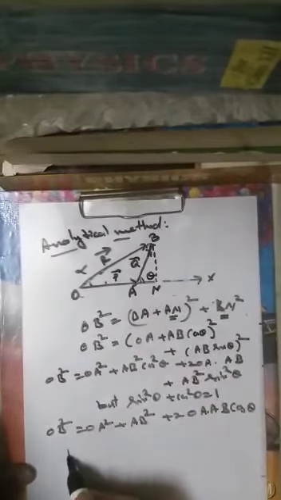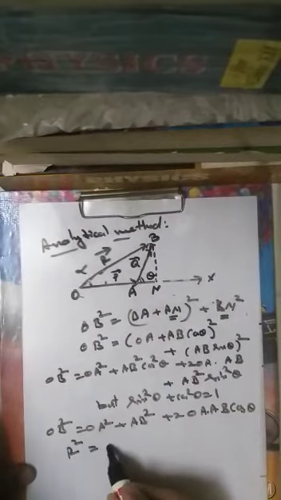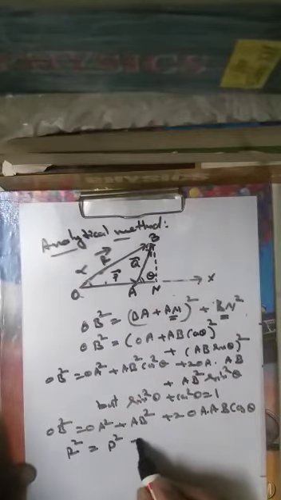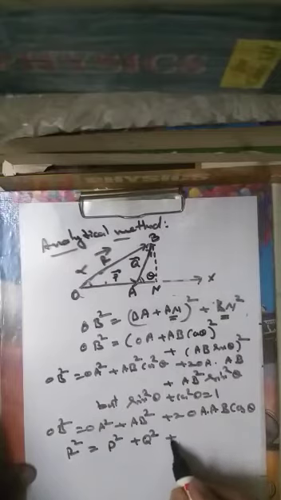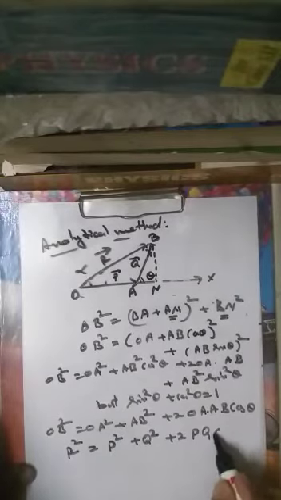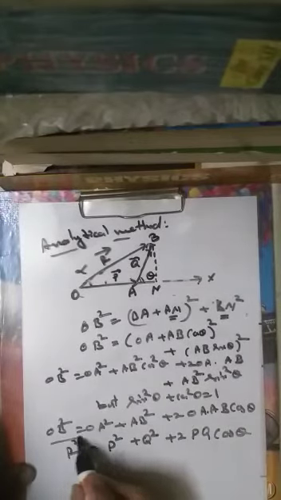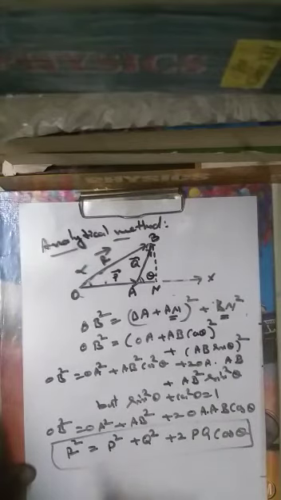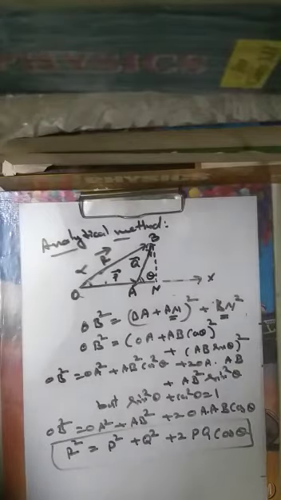By the diagram, this is R square equals P square plus Q square plus 2PQ cos theta. This is the value we got for the resultant.